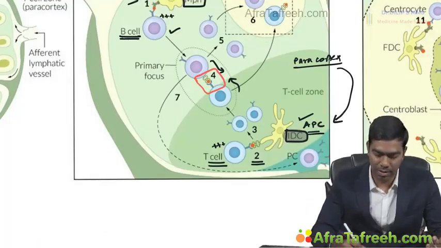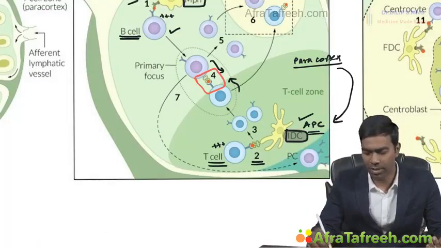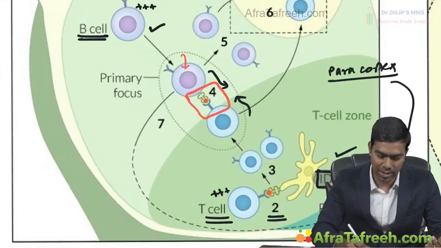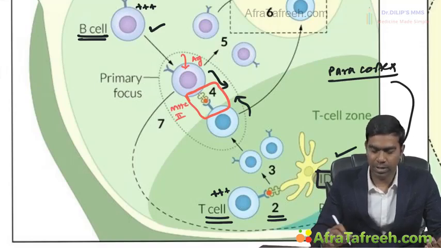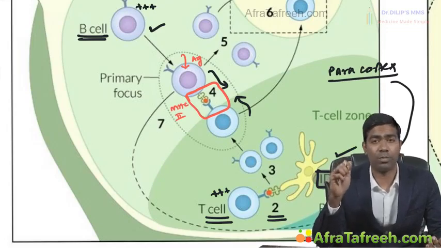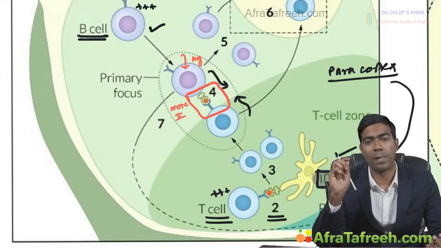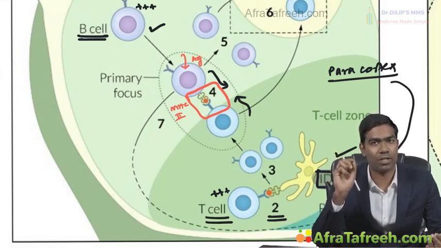The interaction happens through the B cell receptor, the T cell receptor and the MHC complex, because the B cell which has recognized this antigen is going to express the antigen through MHC class 2. If you take the basics of adaptive immunity and see in MHC, I would have told you that activated B cells also can express this MHC class 2 and antigens, which you can go and look back at now if you want.